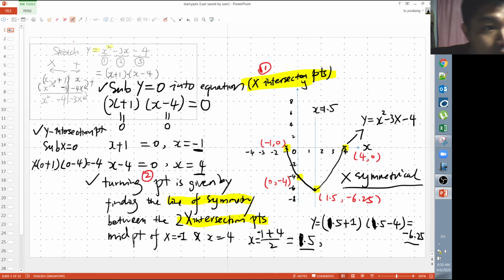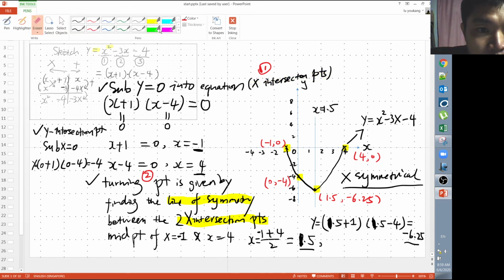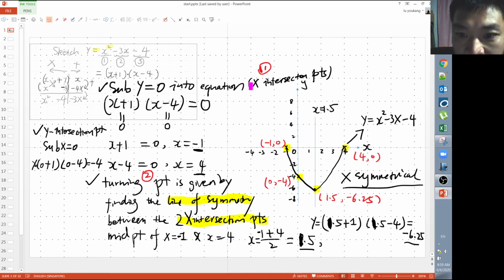Okay, it's better for me to use a big color here. Highlighter, or rather, let me just use this if it works. So the first step is x intersection point. All right. Then second step is turning point. Of course, how do you find a turning point? You need to find the midpoint of the two x intersection points.